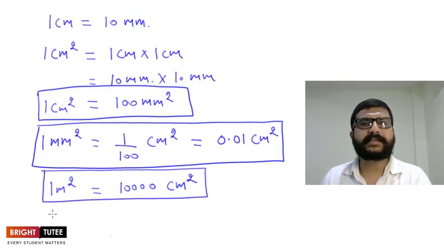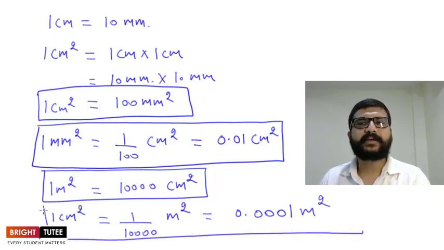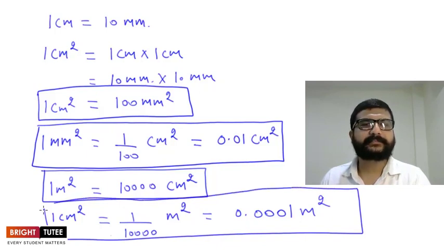Now what about 1 square centimeter? 1 square centimeter will be equal to 1 upon 10,000 square meter, and this is equal to 0.0001 square meter.